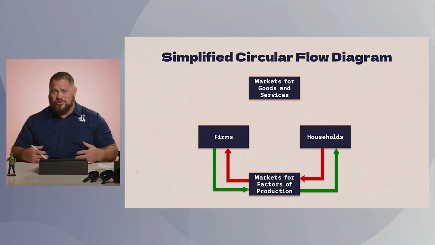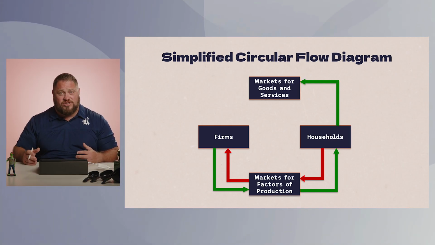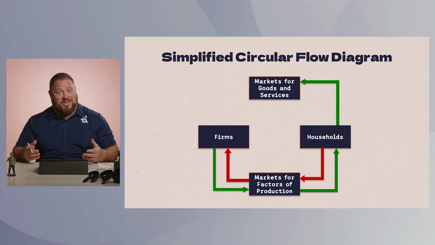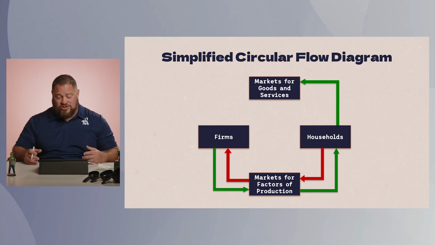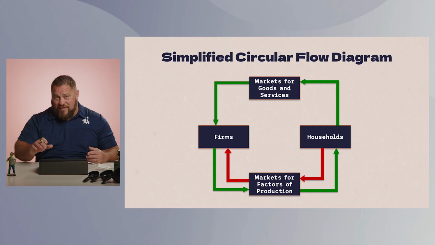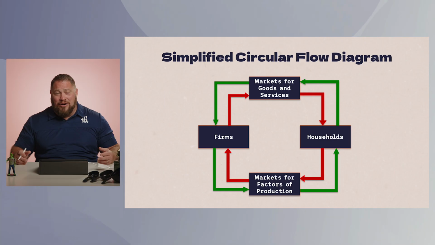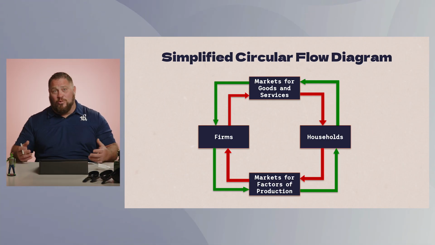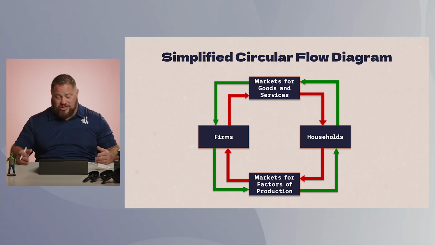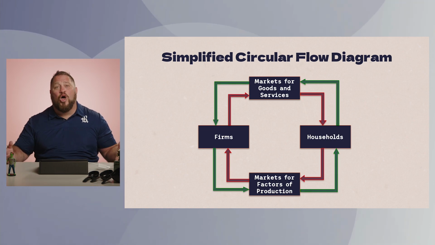And then the households are going to go right around and they're going to spend that money through the market for goods and services. They're going to be purchasing this production now, our expenditures. They're going to be paying the firms for consumption, investment, government purchases, and net exports. So that at the end of the day, income equals expenditures equals production here in our simplified circular flow diagram.